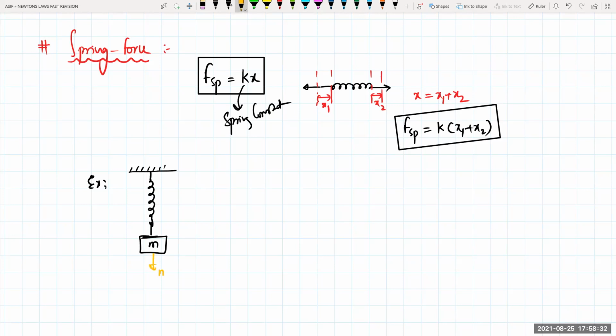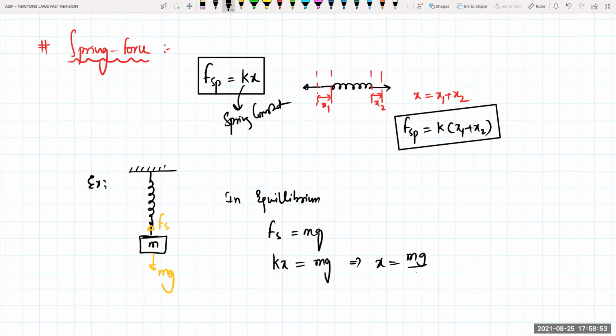The weight of the body mg must be equal to the spring force, so k into x equals mg. So the extension will be mg divided by k.